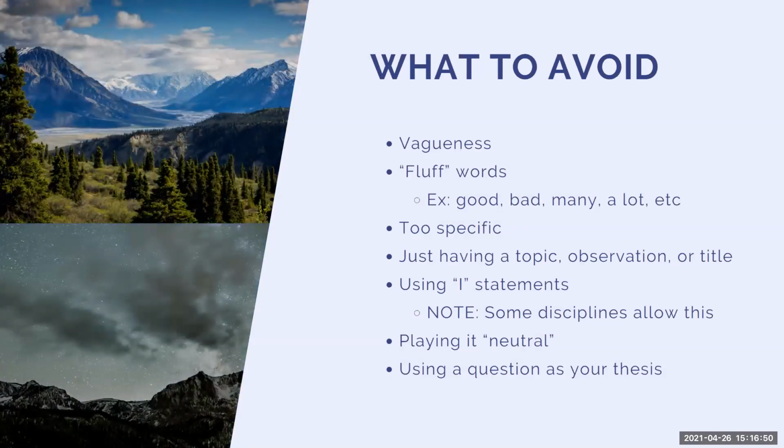So when you're writing, I kind of mentioned this a little bit when we were discussing the revisions, but there are a couple things that you want to avoid in your thesis, and the first is vagueness. So in the initial example of a set thesis, one of the things that I mentioned was that it's a little vague, and this just means that you're not really specifying exactly what you're going to be talking about, or it may seem like there's too many different ways that the sentence can be interpreted.